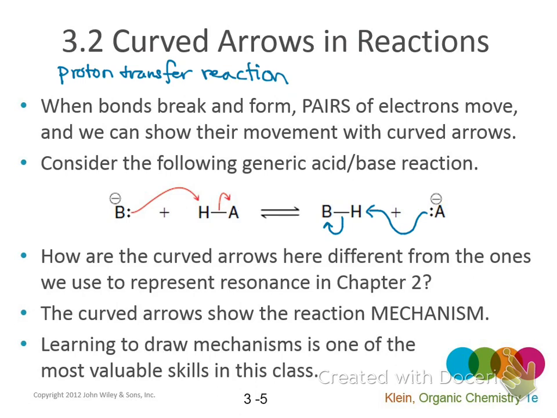Again, two arrows, one's grabbing for it and the other one's letting go. What determines how strong an acid is the relative strengths to which one grabs and lets go. If this was a much stronger base than this was, then this one would be grabbing a lot faster and making the reaction favor the product side.